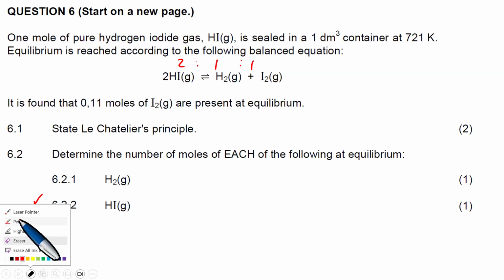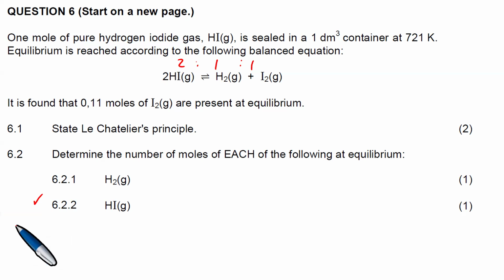If you have the used and so on, how do we filter all that in? We are interested in the number of moles of each of the following at equilibrium. For instance, the number of moles of hydrogen iodide used.